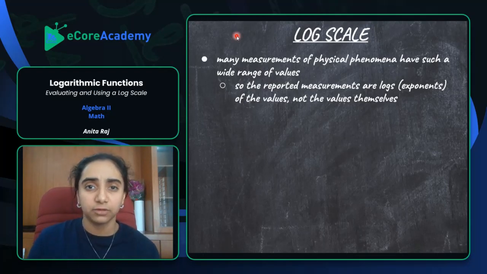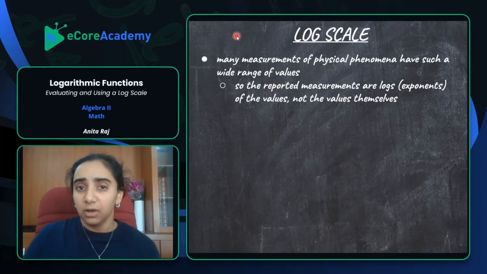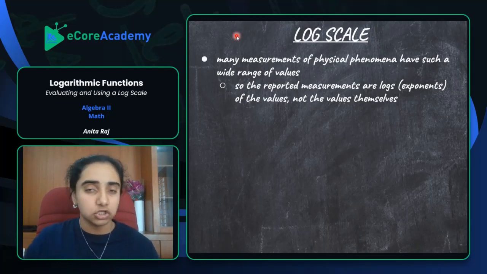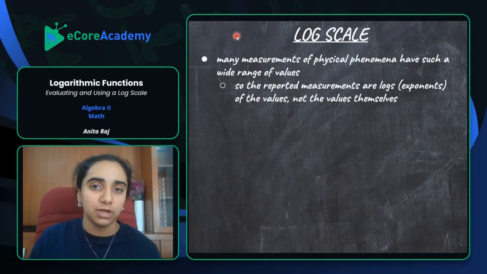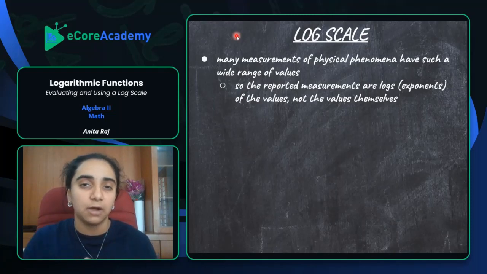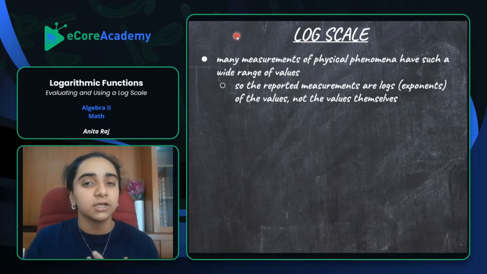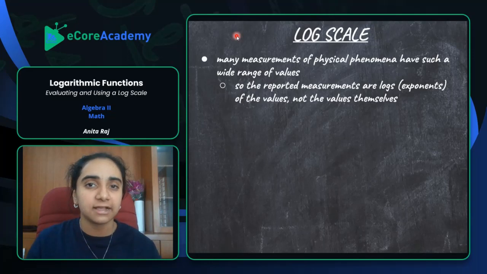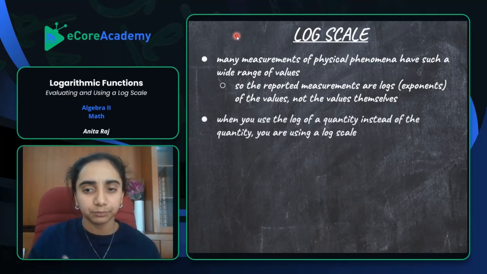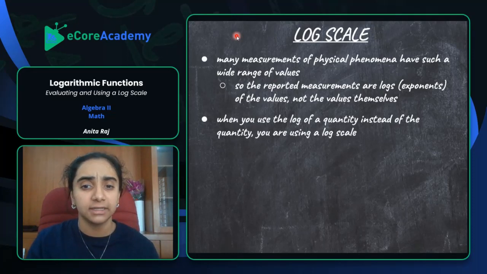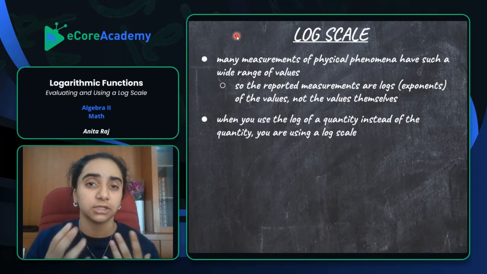For example, if we're thinking about a number like 1 trillion, or even larger than that, instead of having to write out that whole number, we could just say 10 to the power of whatever it is. So in that case, we're using exponents and logs. That's where a log scale would come in handy. When you use the log of a quantity instead of the quantity itself, you're using a log scale.